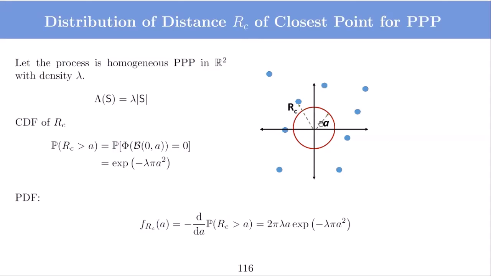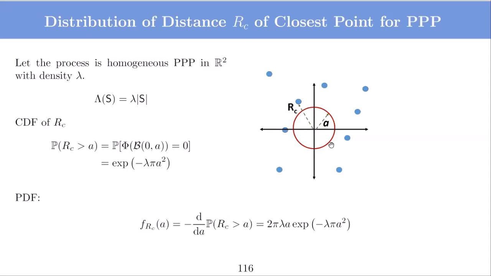I would choose the closest point and compute its distance, and it's a random variable because the points are random. So what is the distribution of this? Suppose I want to compute the CCDF of this R_C, so the probability that R_C is more than a.